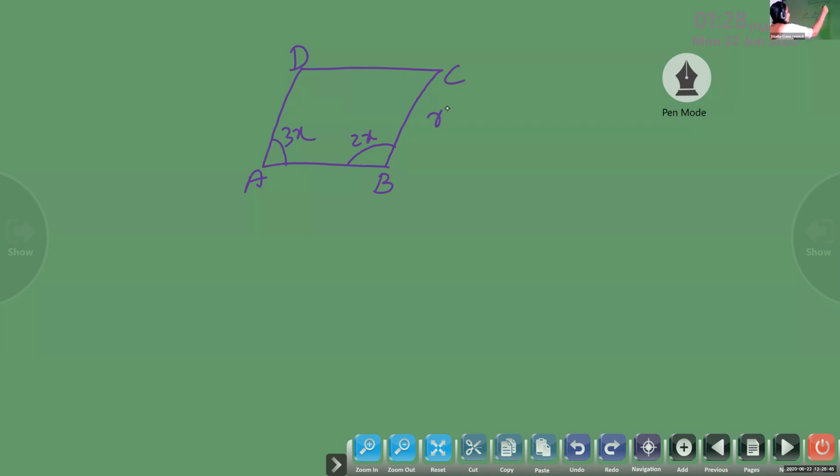The ratio given is 3:2. Therefore, we can take the angles as 3x and 2x.